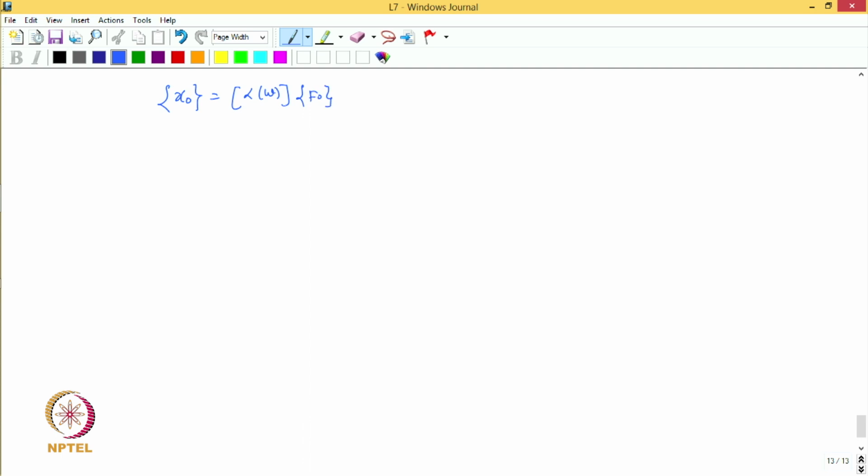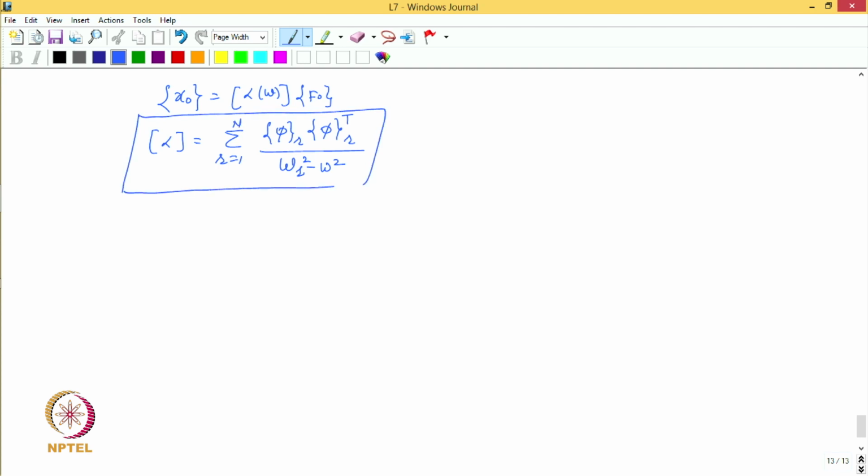And if we compare this equation with the equation we just wrote previously, then we can directly write down the matrix alpha here as phi r phi r transpose over omega r square minus omega square, with r varying from 1 to n. So, this is nothing but the expression for the full FRF matrix.